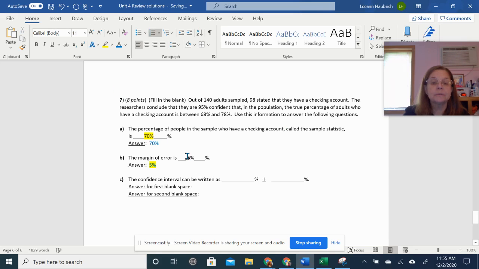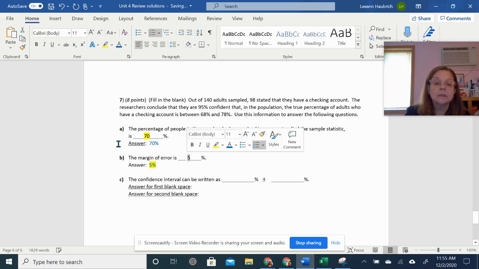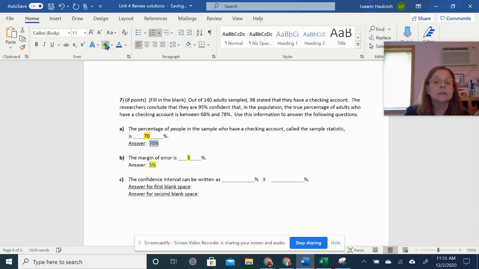Just want the 5. I don't need the percent here if I have the percent there, because the percent is already on the line. So the 5. Okay, so there we are.